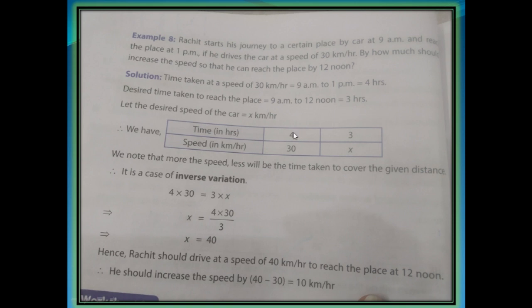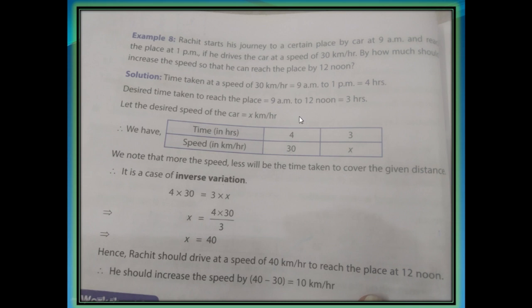See here, in 4 hours the speed was 30 km per hour. And in 3 hours, what will be the speed? We have assumed it x. If the number of hours is getting less, then we have to increase the speed. It means it is inverse variation.